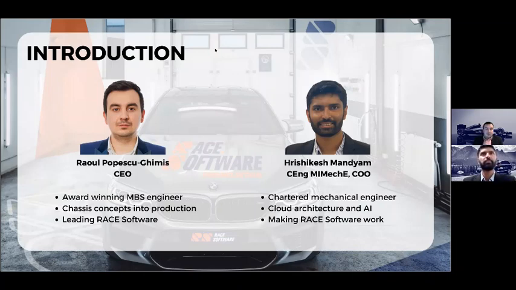I've been behind the complete chassis development for the Jaguar F-Type, but also involved in developing for Jaguar Land Rover the next generation of chassis that will probably be implemented up to 2025, including developing the whole four-wheel steering system. Currently, I lead the Race Software team, and I'm responsible for creating, planning, implementing, and integrating the direction of our organization. And I think that's more or less enough about myself.